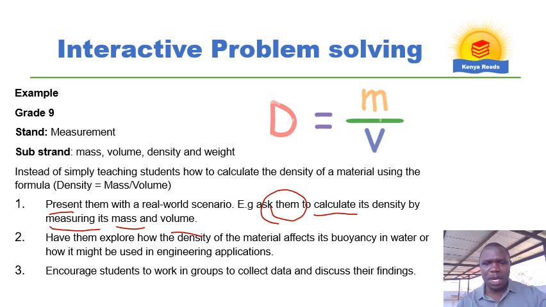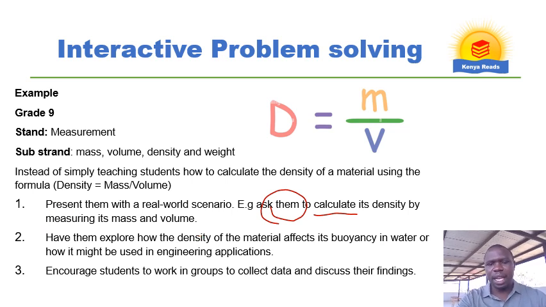Let's say, for example, they are measuring the mass of a small bag of sand and all that. So when they are measuring, they can relate it to the measurements that are done in the shops using a weighing balance. So you are connecting the students to real world scenarios.